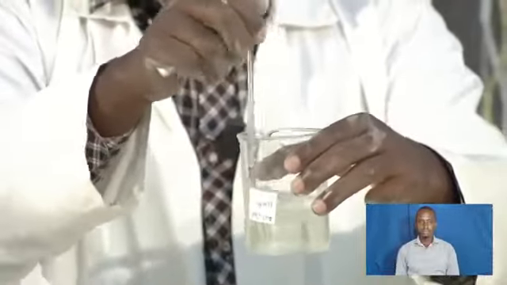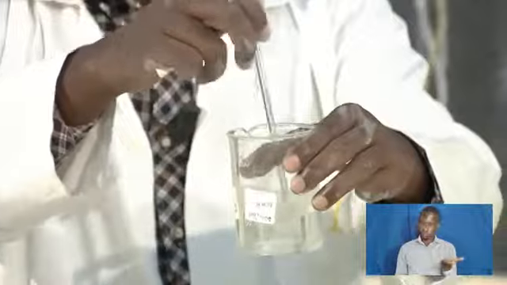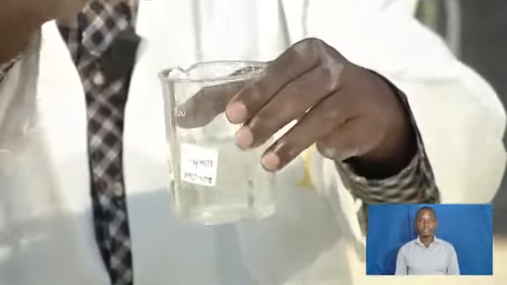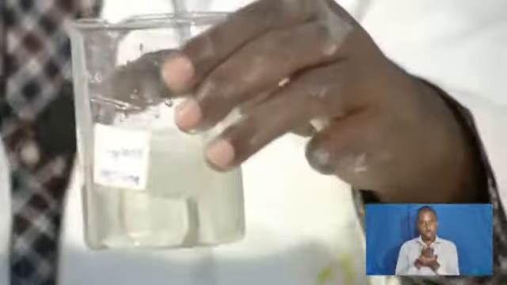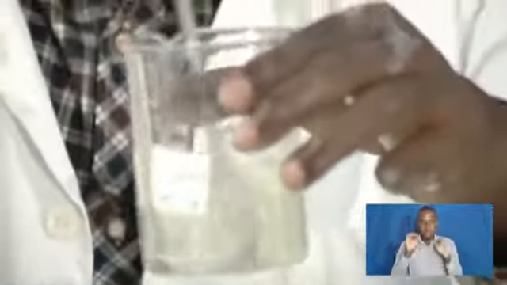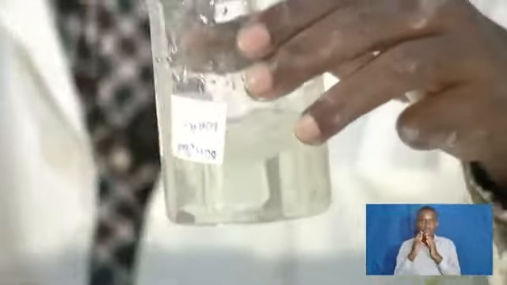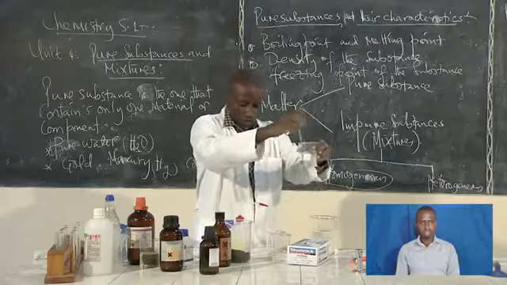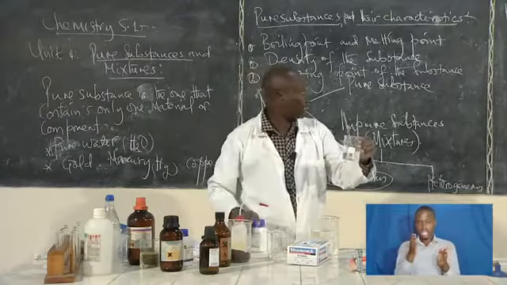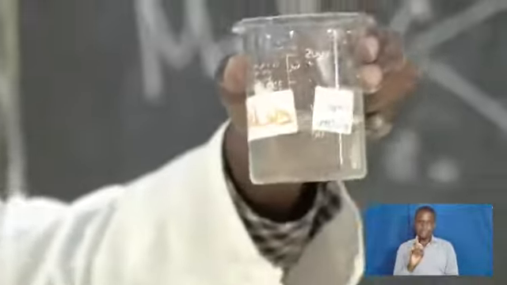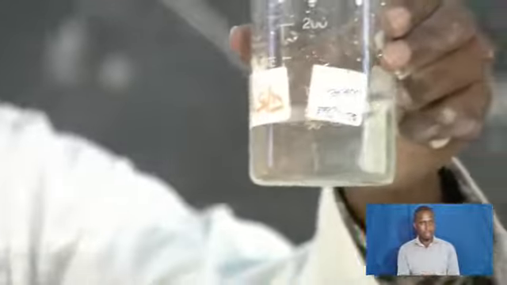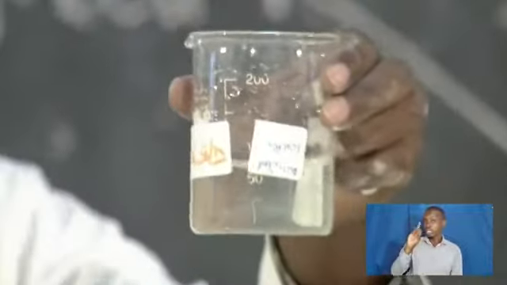When you dissolve this substance, it is dissolving completely, and you can easily see that it is disappearing. So this was a solid, and we are just putting it in liquid. So we said solid liquid mixture. Look at this one. The solid that I put there has disappeared. So that is solid liquid.